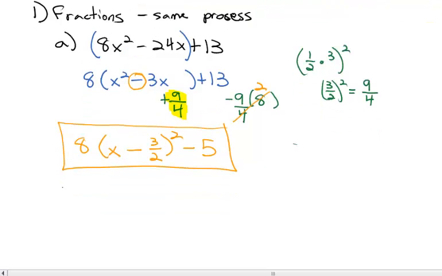Let's try another example with some fractions. This one didn't use a lot of fractions. Maybe this one will be more interesting. How about we try 3x squared plus 15x plus 12.